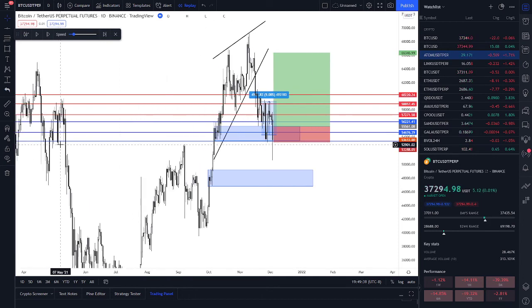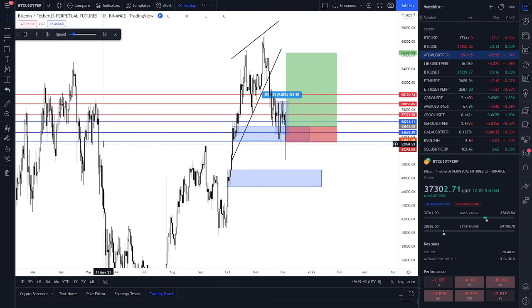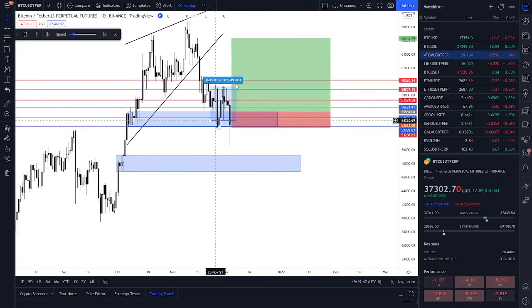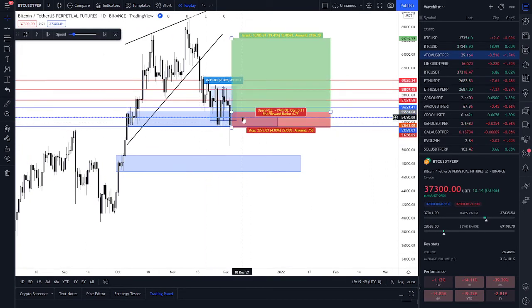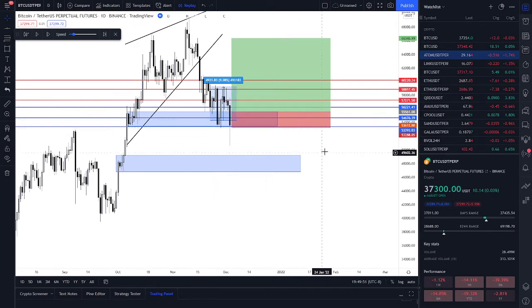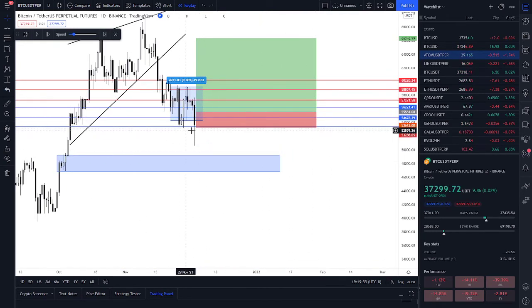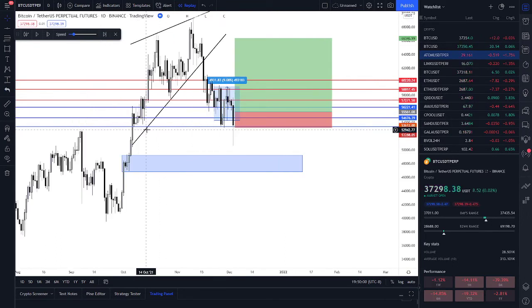I would have actually looked back here, probably placed it below this one, right? But after we got this third tap and we fulfilled more than 50% of this box, this is no longer a valid zone. You'll keep your lines there, right? Because those are still support lines, but your zone is no longer valid.